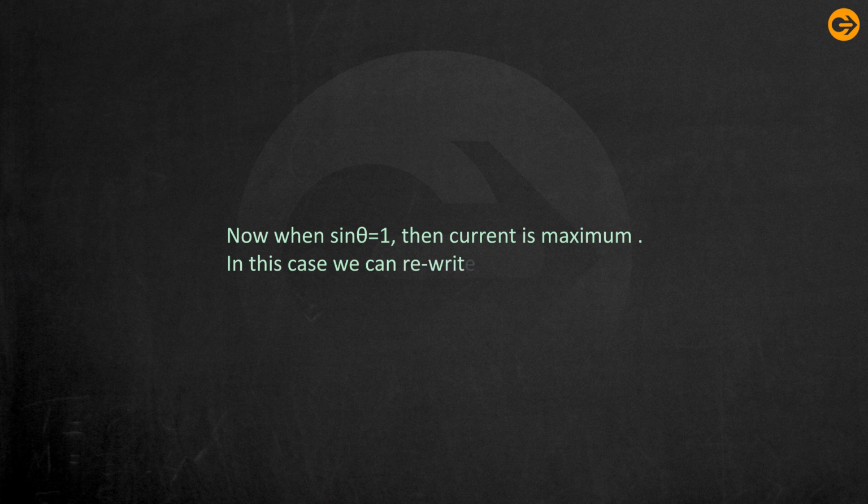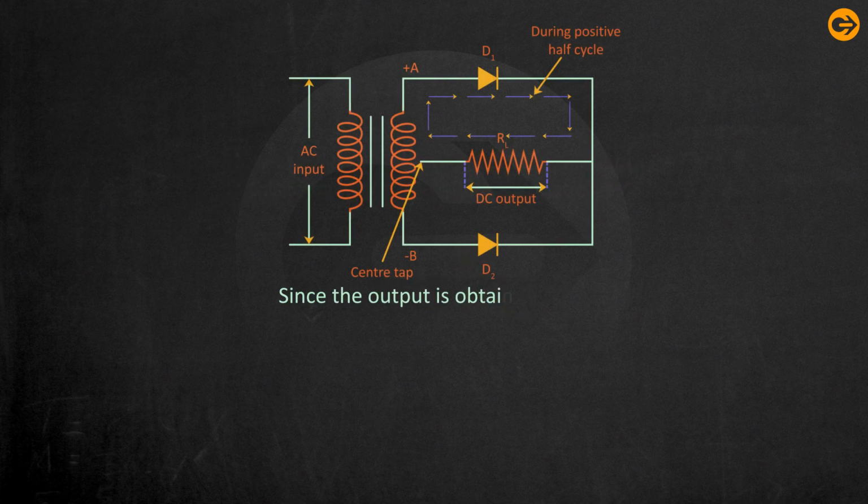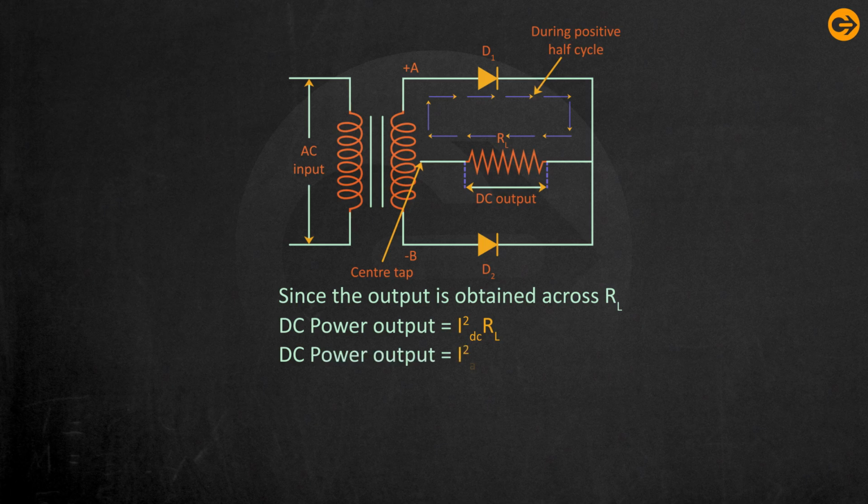Since the output is obtained across RL, DC power output is equal to I square DC times RL. DC power output is also equal to I square average times RL, where I average is equal to integration of I d theta by pi, which is equation 1.